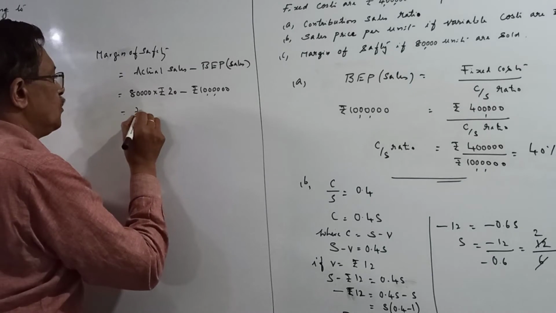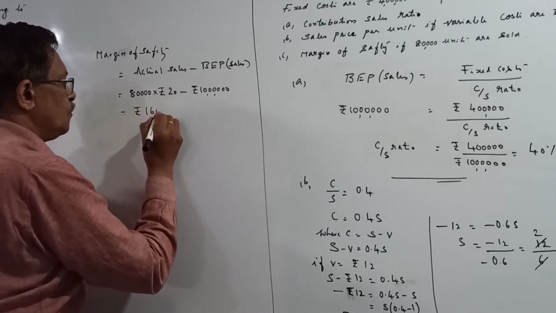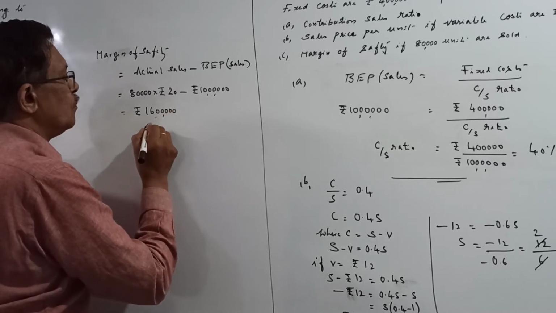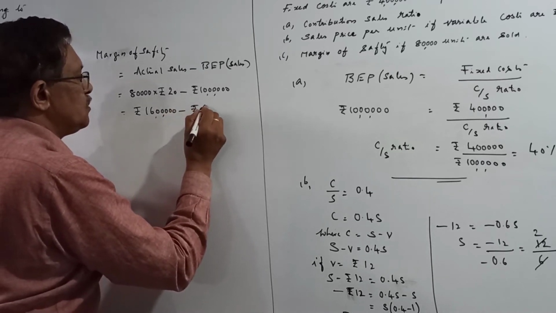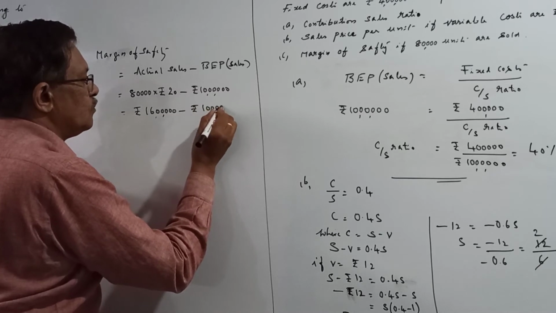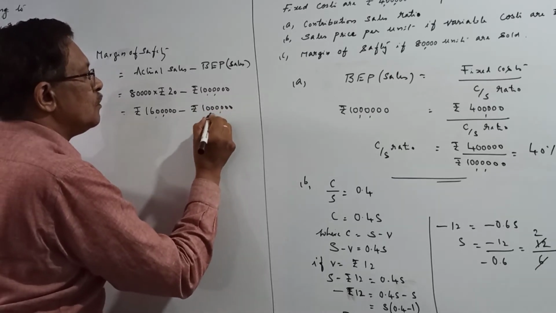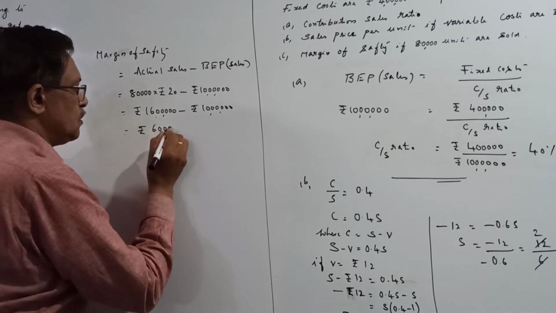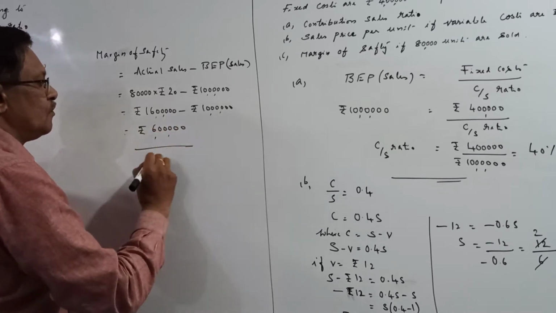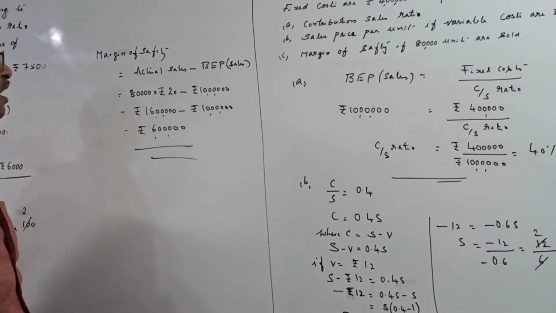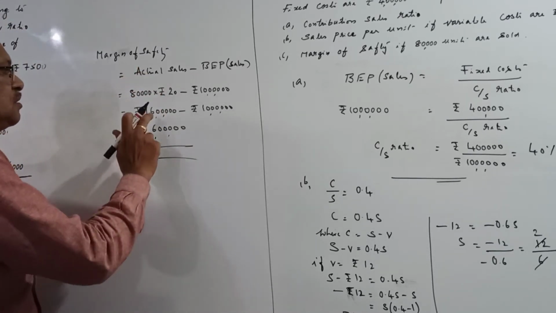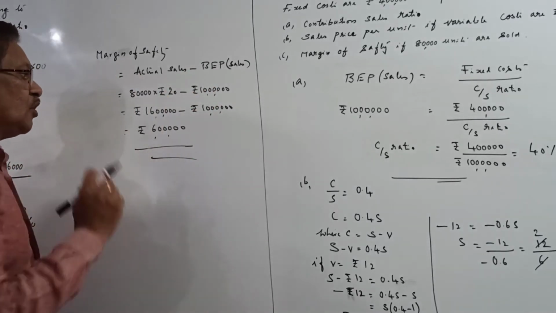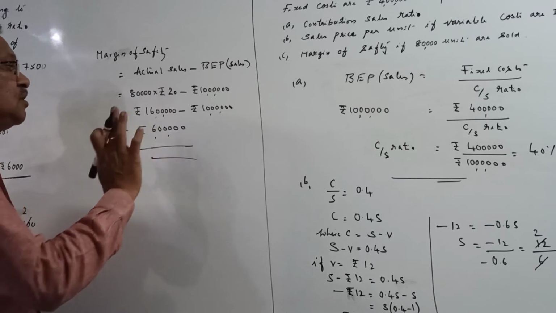This is rupees 16 lakhs minus rupees 10 lakhs, so this works out to be rupees 6 lakhs. So the margin of safety will be 6 lakhs because actual sales are 16 lakhs and the break-even sales are 10 lakhs.